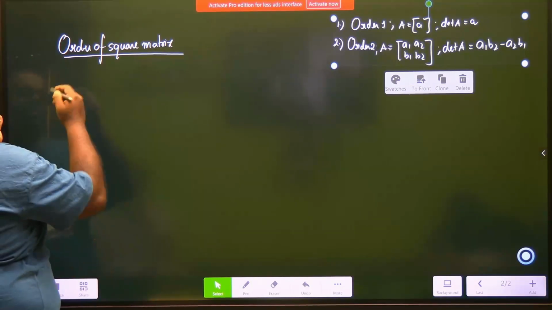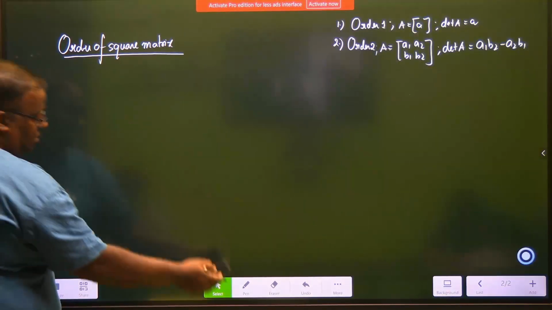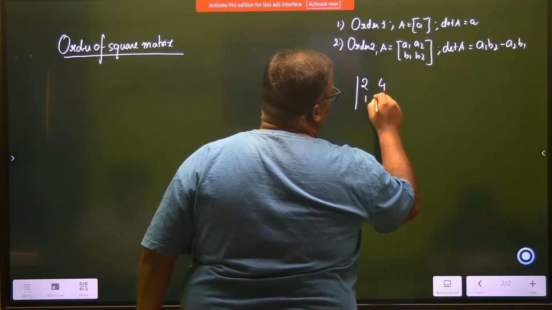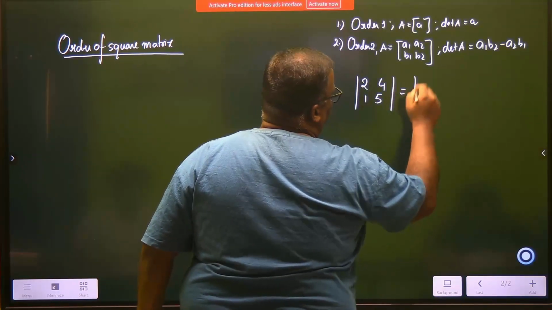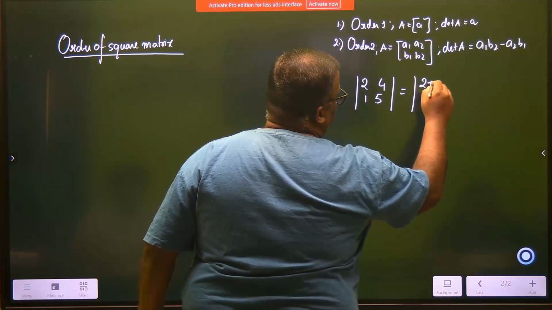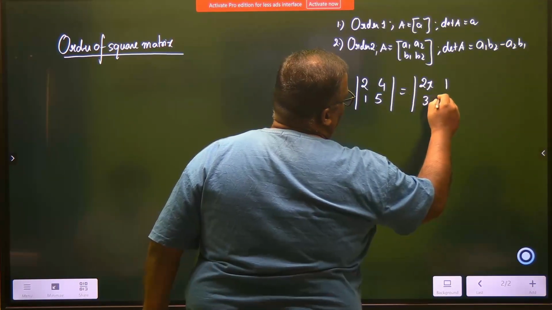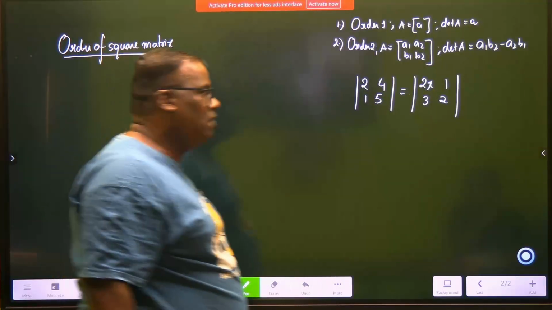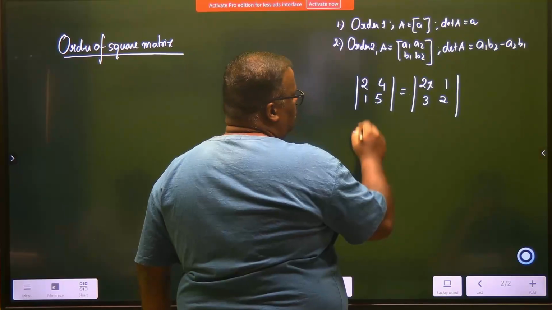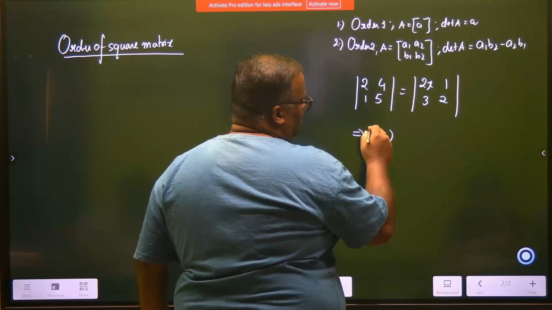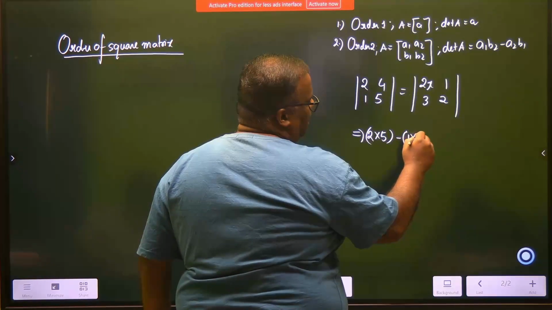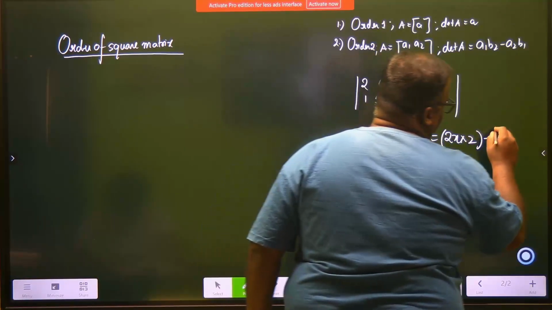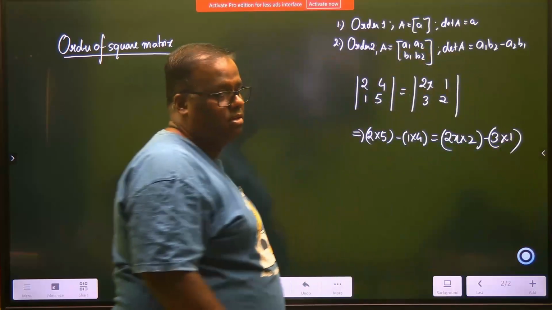Let's say we take an example based on this. Let's say you have 2, 4, 1, 5, and here you have 2x, 1, 3, and 2. Let's solve this, finding the value of x. So how do we solve it? 2 multiplied by 5 minus 1 multiplied by 4 should be equal to 2x multiplied by 2 minus 3 times 1.